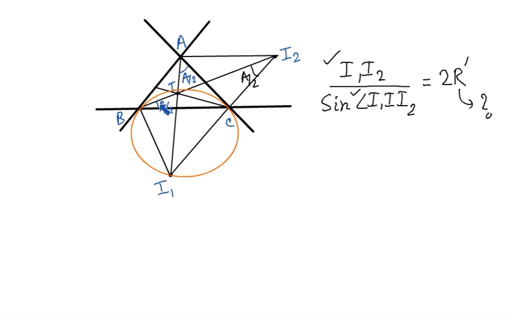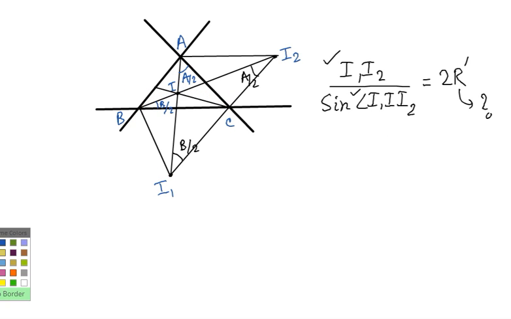If this particular angle IBC is B by 2, naturally II1C is also B by 2. These two angles must be the same, as they are the angles subtended over the same segment. So you've got the two angles A by 2 and B by 2.